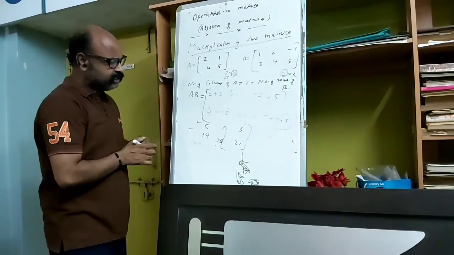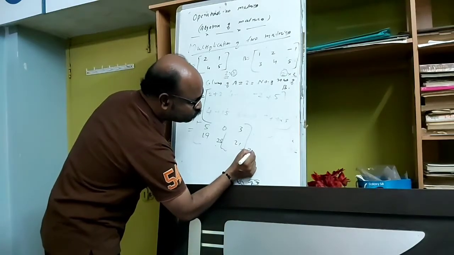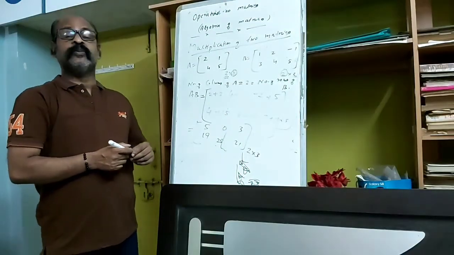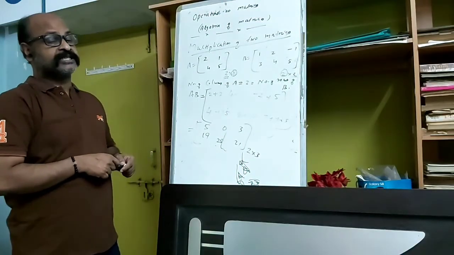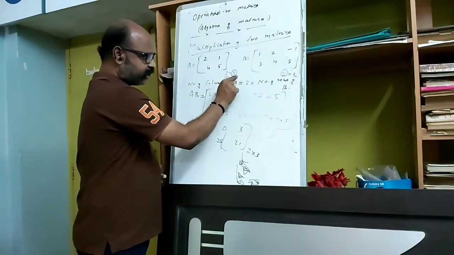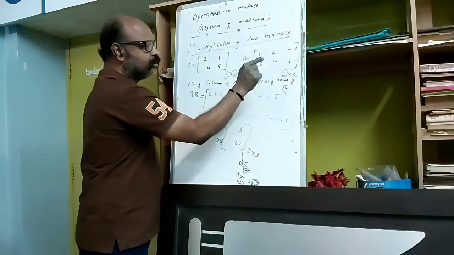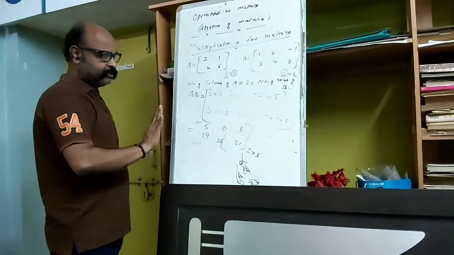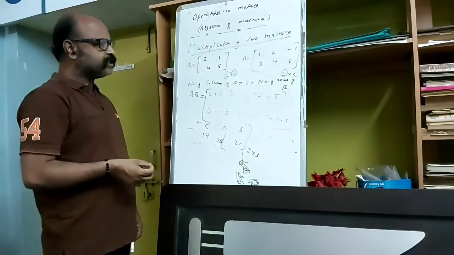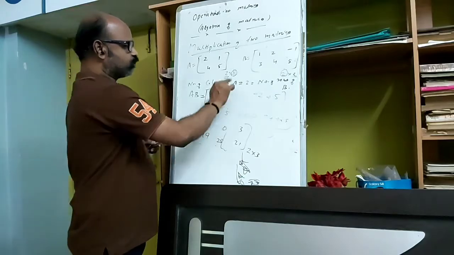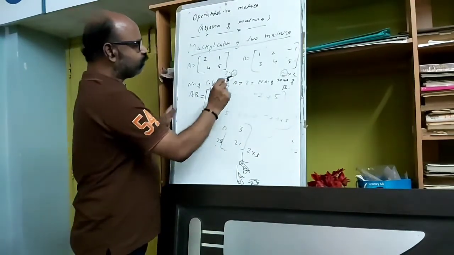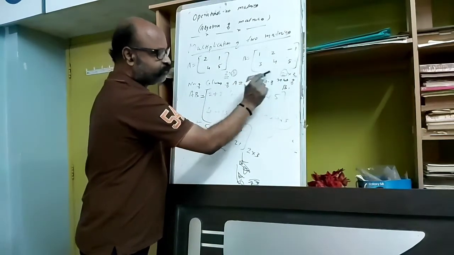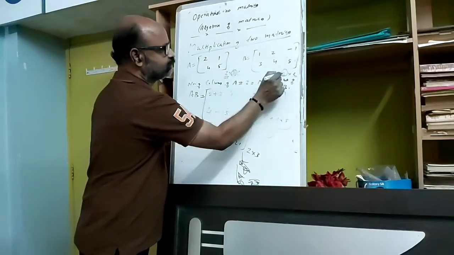Okay, and see, what is the order? There are 2 rows and 3 columns. This is what we said. The condition we imposed for multiplication of the 2 matrices is that the number of columns of the first matrix is equal to the number of rows of the second matrix. Actually it is not exactly a division, but for convenience of understanding we can say the number of columns of A, number of rows of B, that common thing is eliminated.